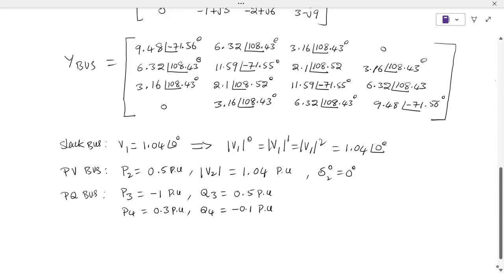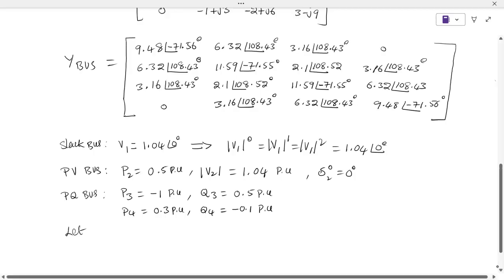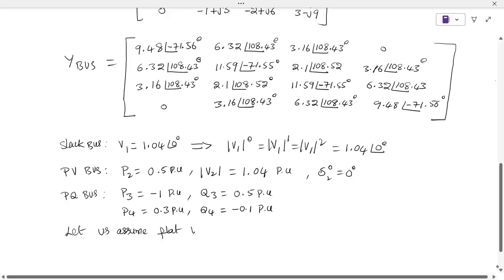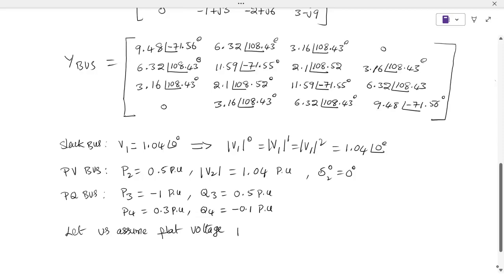Now we need to assume a flat voltage profile for all PQ buses.